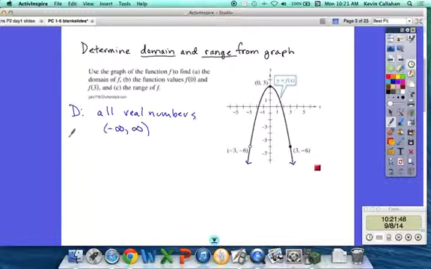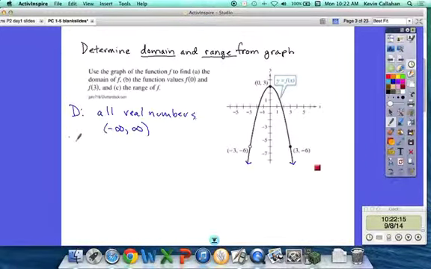Now, the range would be the y values. Well, this parabola is made up of infinitely many points, but they don't go infinitely up, do they? What's the highest point you see on that graph? This point there is the highest point, right? All the other y coordinates for these points are going to be less than 3, and it does go forever down, right?